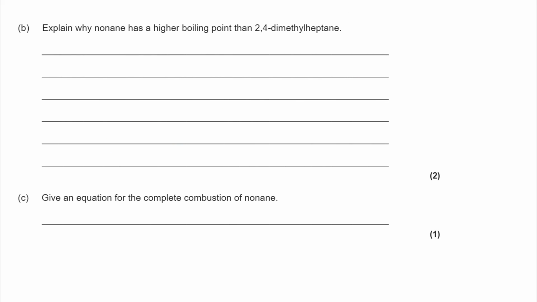On to the next question, we want to know why nonane has a higher boiling point than 2,4-dimethylheptane, and they both have the same molecular formula, C9H20. So it's not about their size per se. But if I take a look at what we need to know, first of all, we're relating it to stronger van der Waals forces.